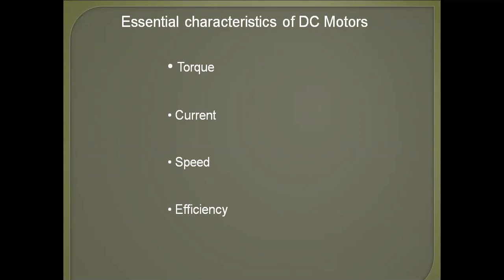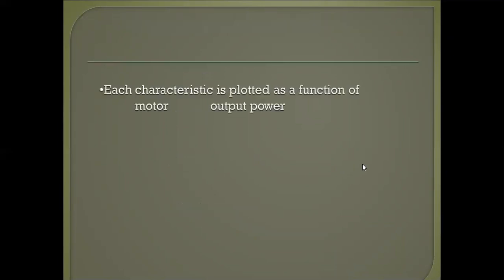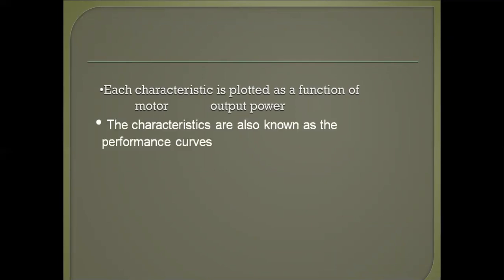Means we will draw the characteristic curves of shunt motor and series motor for torque, current, speed, and efficiency on XY plot, and we will discuss the characteristics thoroughly. Each characteristic is plotted as a function of motor output power. The characteristics are also known as performance curves.